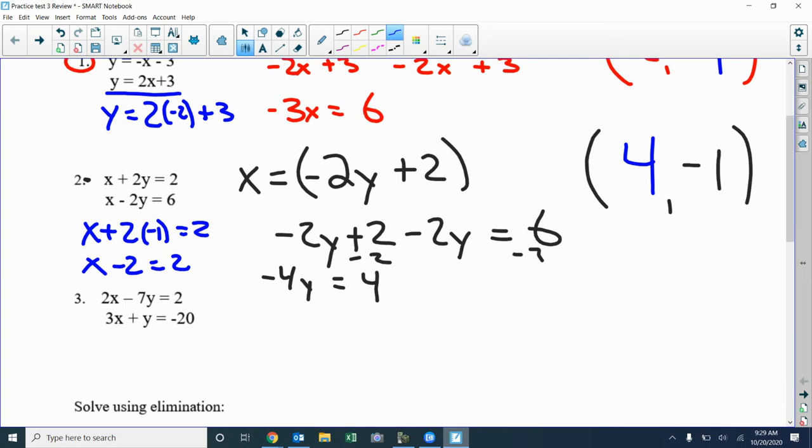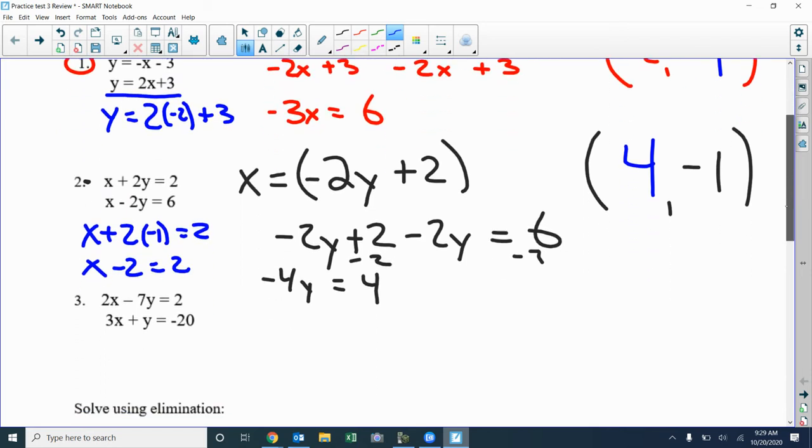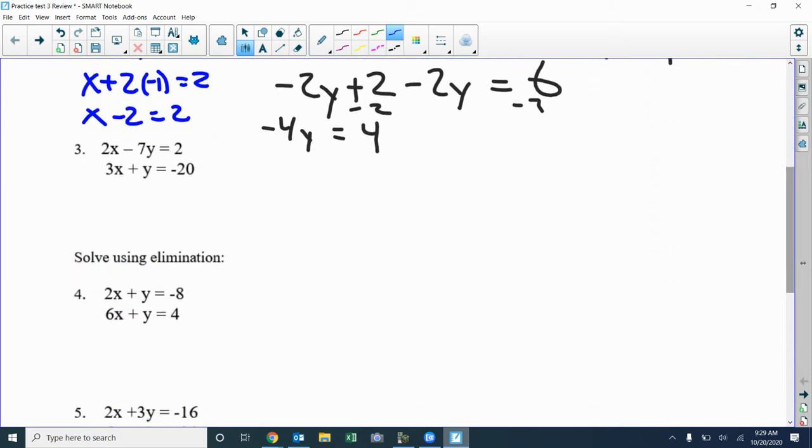Heading down to our last substitution problem, which is number 3 here. Now, I made them as they go on, I made them a little harder. Do you see that? Okay. And this guy, we just want to solve for this Y because it's a single, right? So when we do that, we're going to have Y equals minus 3X minus 20.